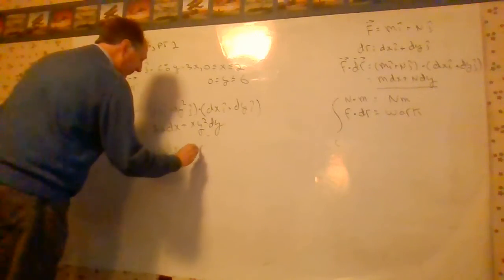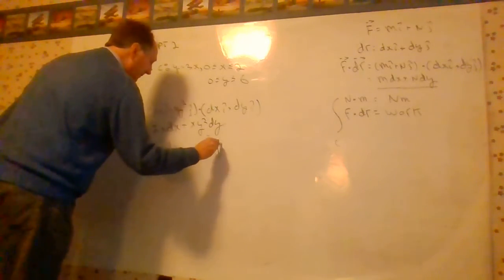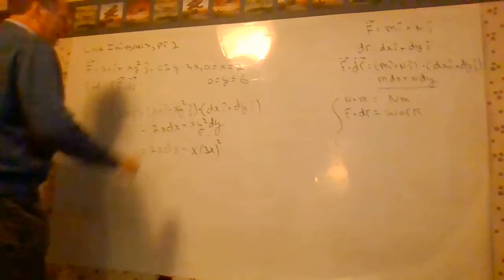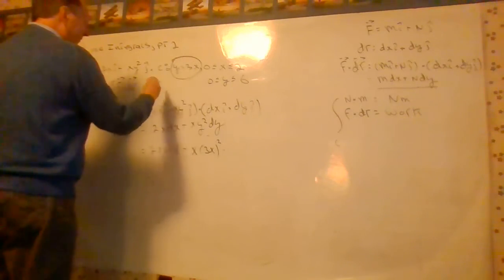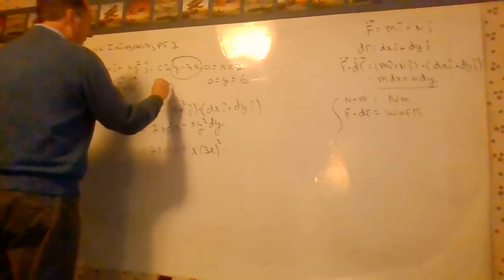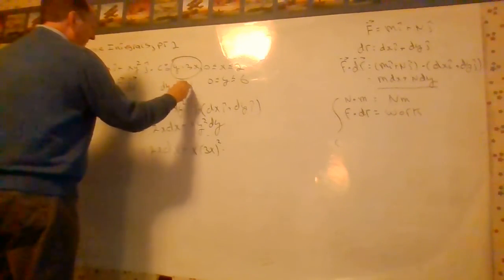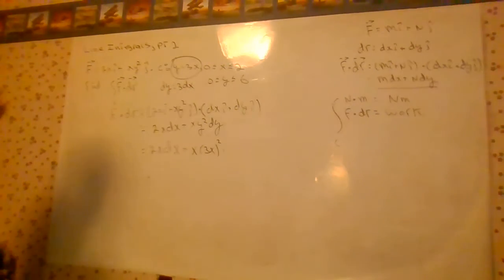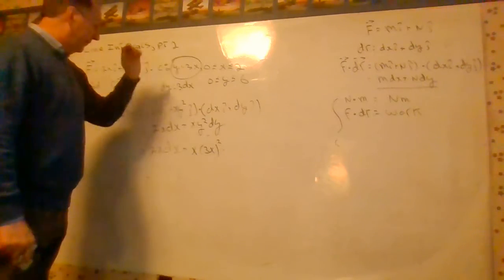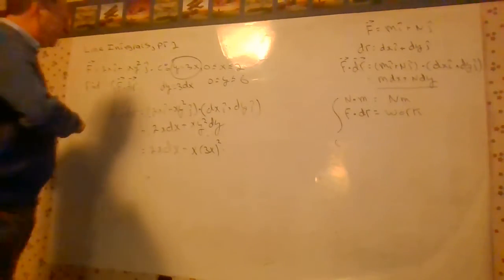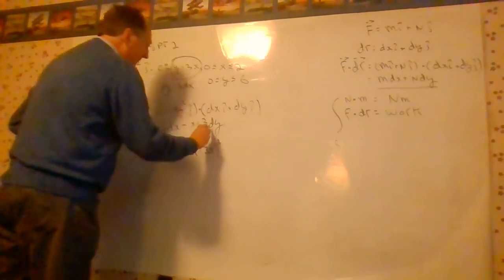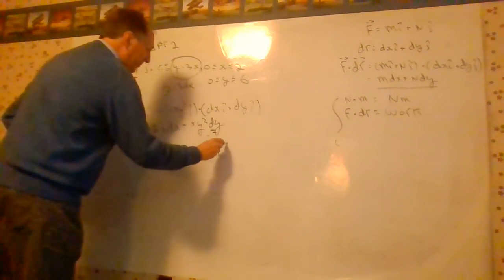Y is 3x. And then dy. Well, if you look here, dy is equal to 3 dx. It's just a simple calc 1 differential. dy/dx is 3, dy is 3 dx. So now for dy we can substitute 3 dx.